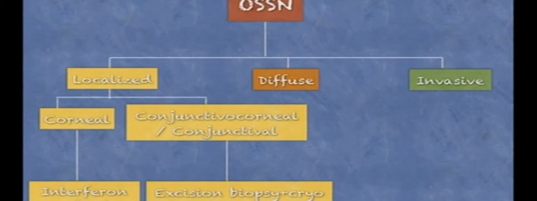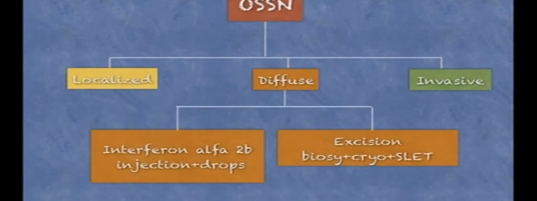For conjunctival corneal or purely conjunctival OSSN, the mainstay of treatment is excision biopsy with cryo. For diffuse OSSN, the best treatment modality is interferon alpha 2B injection with drops, and the newly reported in literature from our center, combining a simple limbal epithelial transplant along with our routinely done excision biopsy with cryo can help.